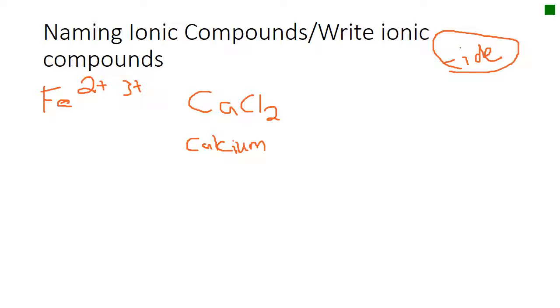For my second element, I notice that it is a non-metal. Because I know it's a metal and a non-metal, I know it's ionic, so I don't have to worry about the number 2, or about prefixes like mono, di, tri, etc. I just write down the element name, drop the INE, add IDE, and I'm done.